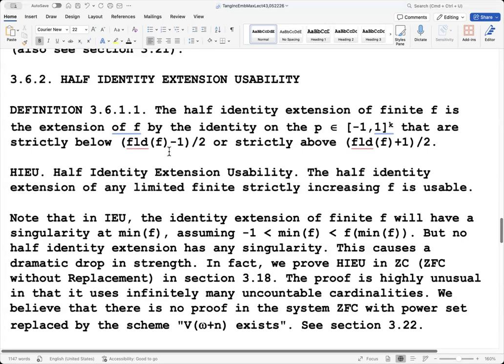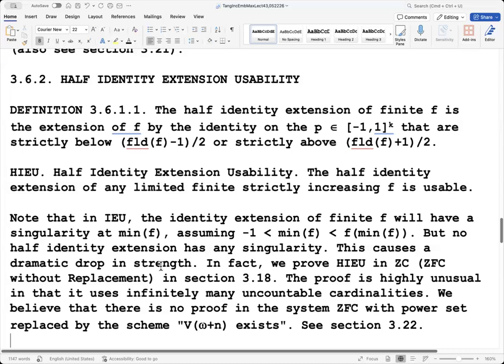If the field is like this, then the half identity extension is going to go up some to the average of the max of the field and one. It's going to go like that and go down like this. Those are averages with -1 and averages with +1. It's a very simple idea.